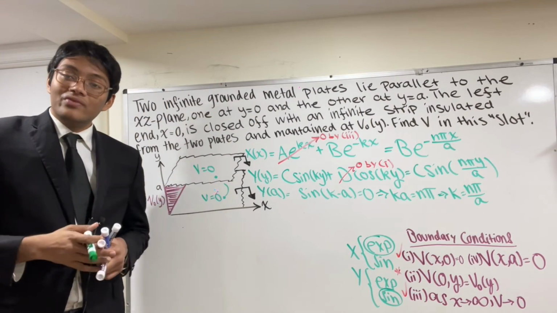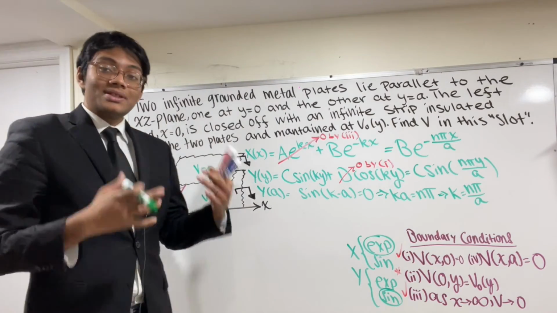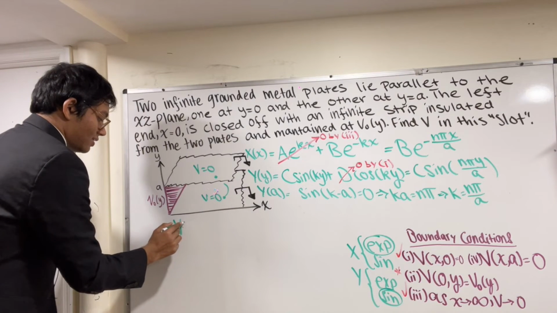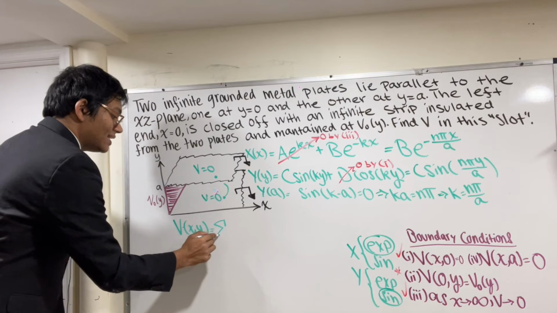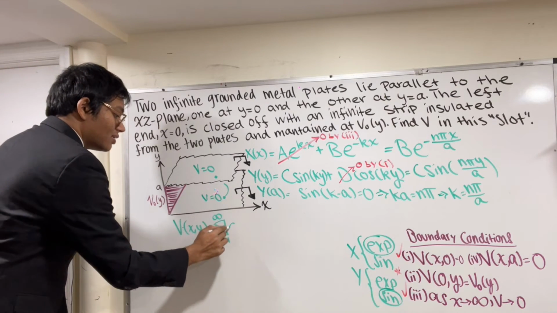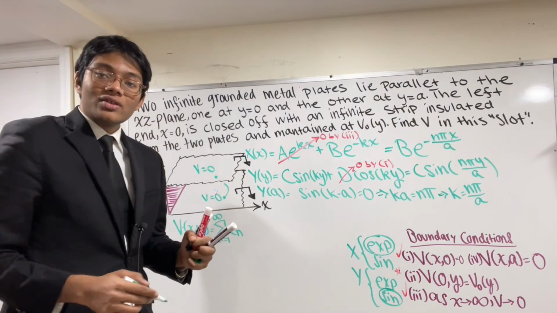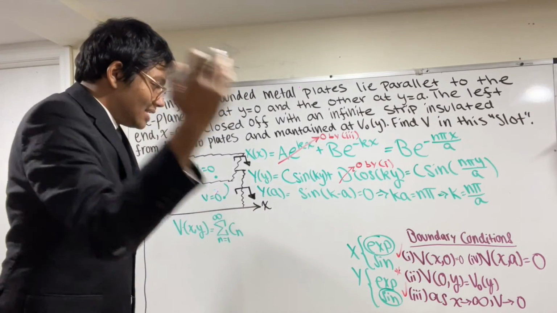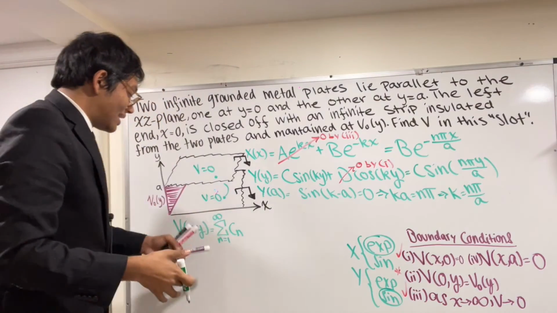But guess what? We have a lot of freedom, because our potential V of lowercase x and y may be any linear combination of this x times y function, right? Because that's what we assumed in the beginning, that the electric potential V was a function of x times a function of y. Well, that's what we're saying here.